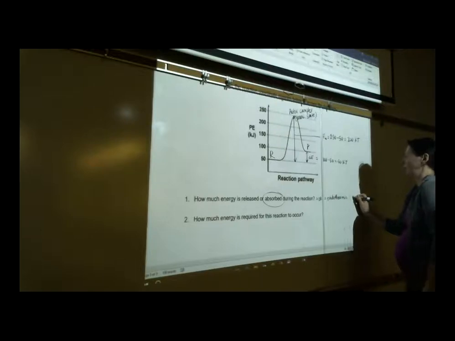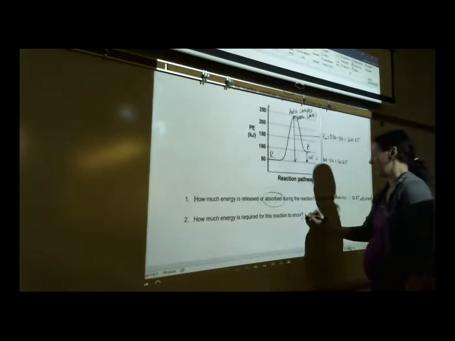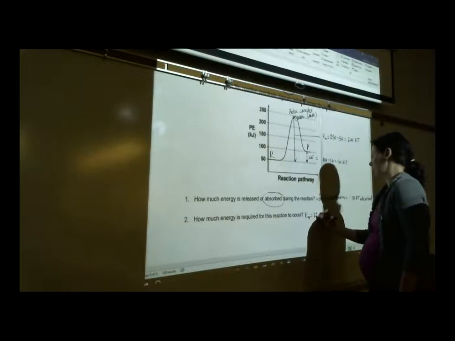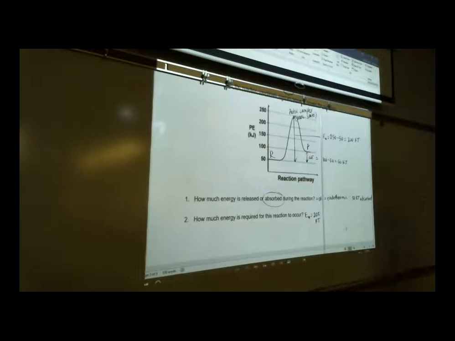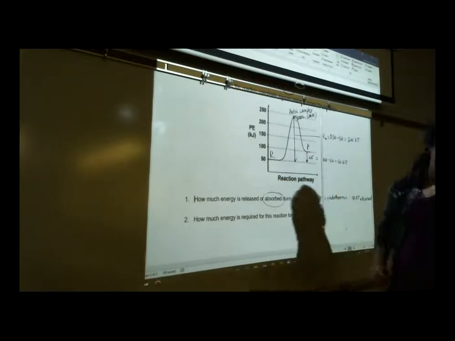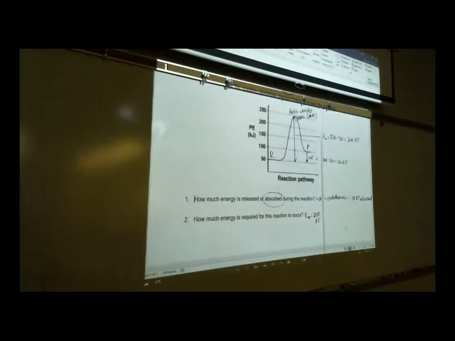So therefore, 50 kilojoules absorbed. And how much energy is required? That's just EA. So there you have it. Any questions on the reaction coordinate diagram? All right, well then that's where we will stop.